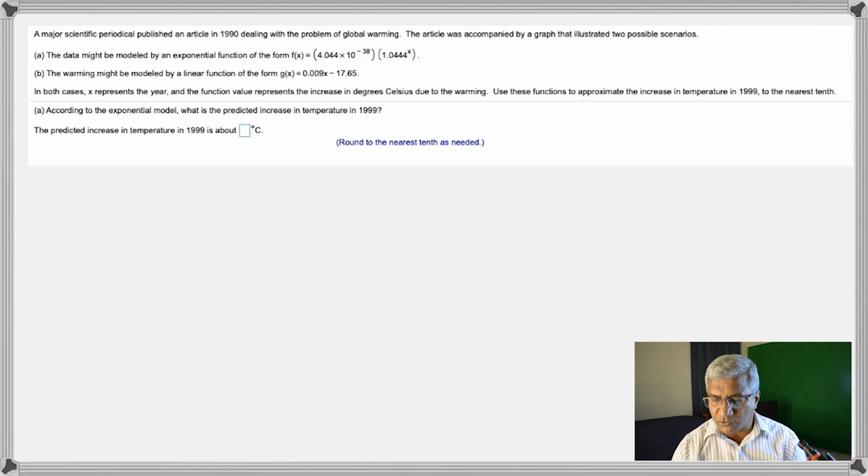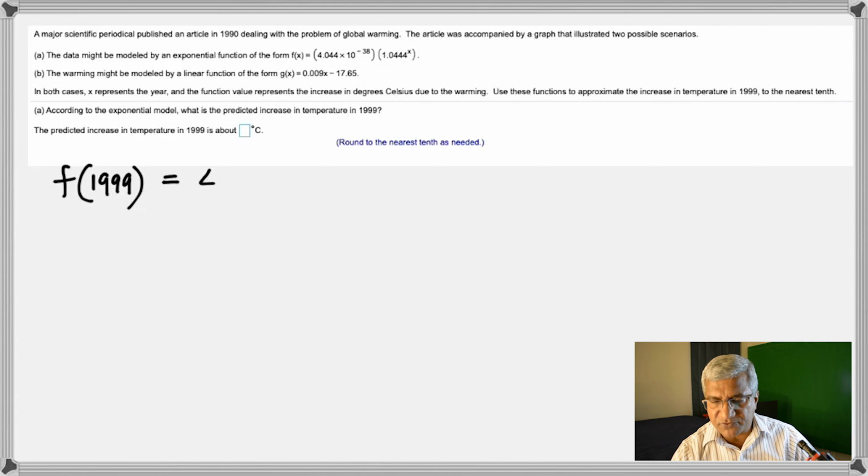Use these functions to approximate the increase in temperature in 1999. All right, if you look here, you know that this article was published in 1990, and we have to forecast how much the temperature will increase by the time it's 1999. Okay, so let's do that. In order to do that, let me write the function. This is the function that was given.